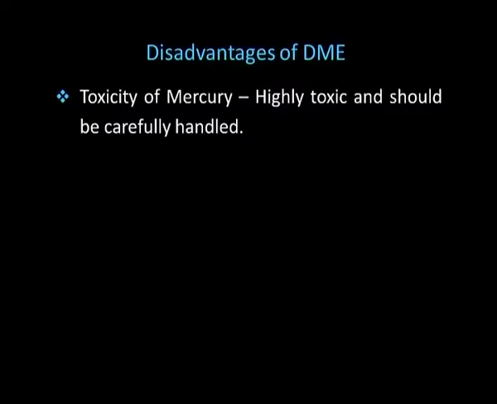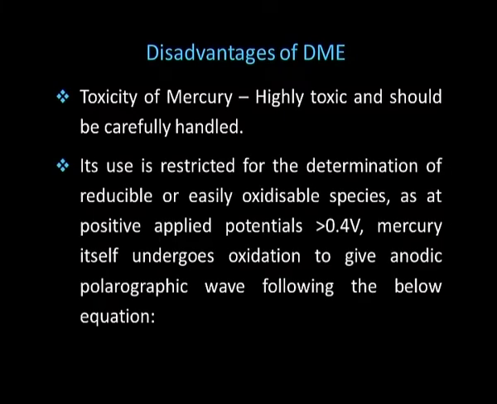However, a disadvantage of mercury is that it is highly toxic, as we know, and therefore it should be very carefully handled and its vapors should not be inhaled. Its use has been restricted to the determination of reducible or easily oxidizable species, as mercury itself undergoes oxidation at about 0.4 volt.